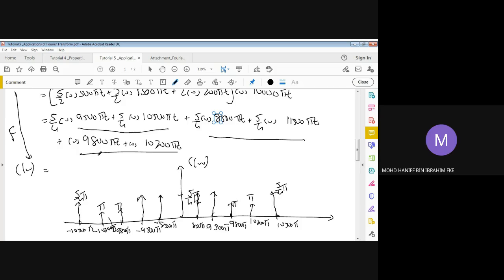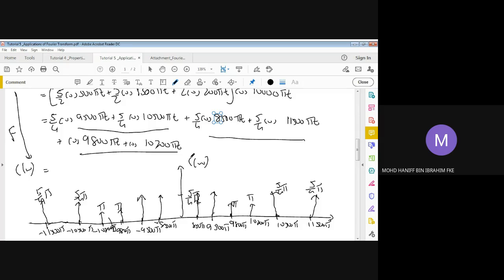Another one is at 11,500 pi, the last one, and also here, negative 11,500 pi. So those should be the impulses, 5 over 4 pi also.